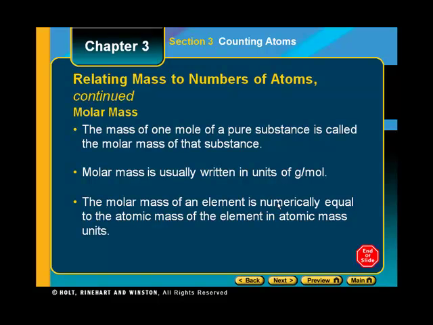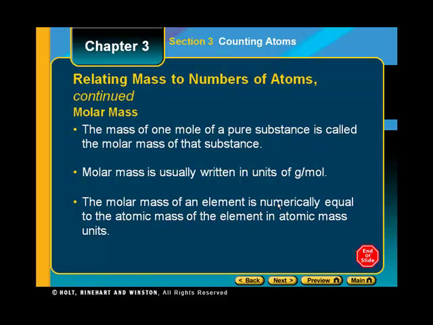And the really great thing for us that makes this really easy is that the molar mass of an element is numerically equal to the atomic mass of the element in atomic mass units. So remember, when we look at the periodic table and we look at the average atomic mass number up there, for instance, for carbon-12, we see that the average atomic mass is 12.01.